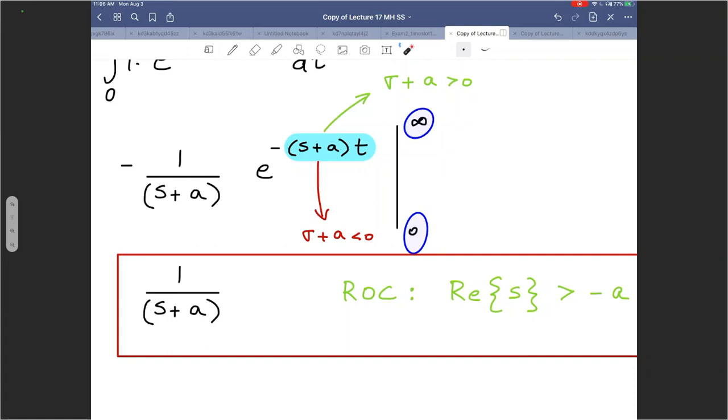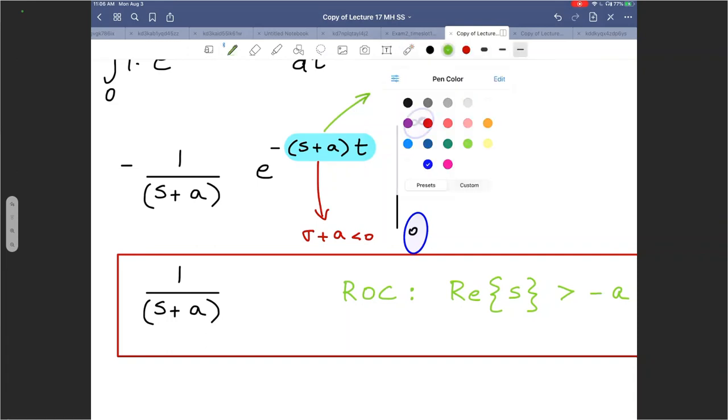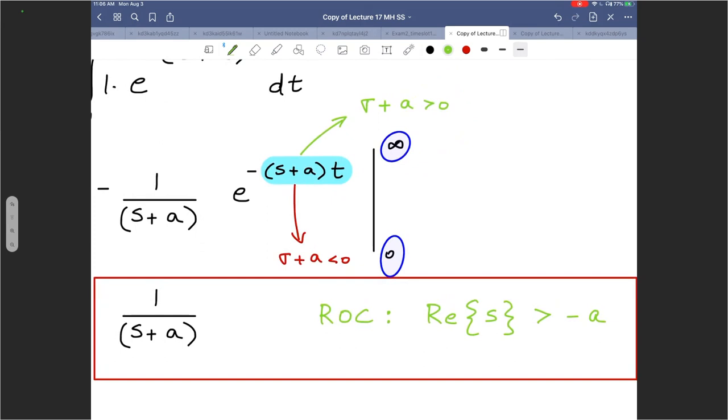But because t is positive and you want your exponent to be negative so that you have a small number, a converging integral, then s plus a should be greater than 0. j omega doesn't matter in this case, so sigma plus a should be greater than 0. In other words, you can also rewrite this as sigma, the real part of s, should be greater than negative a.